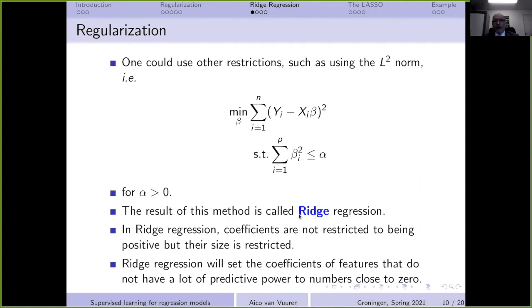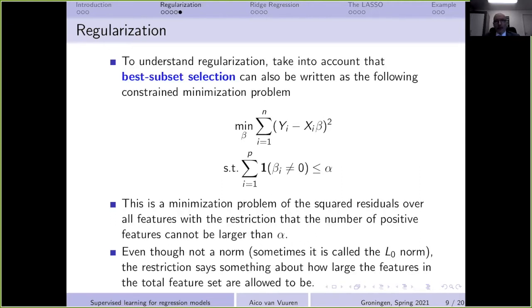However, the idea behind ridge regression and best subset selection is exactly the same. Best subset selection is going to look through this minimization problem and look at those x's that have a good predictive power with respect to this y.